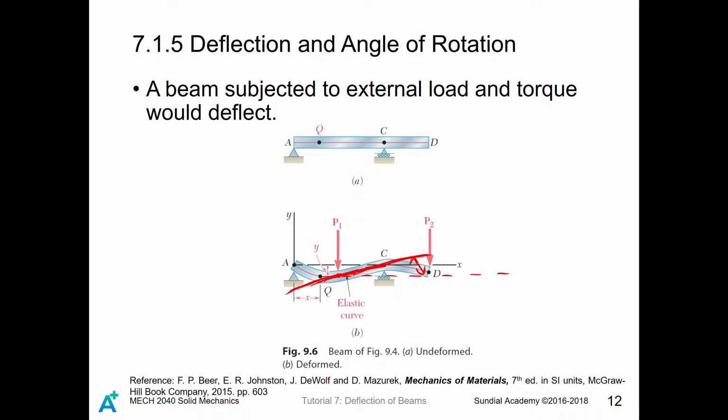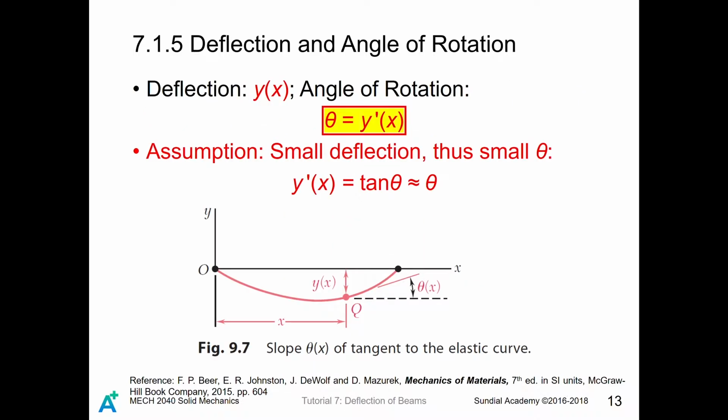So in short, the angle of rotation is just the slope of a deflected beam, and to find it could be very easy. In case you have the deflection curve, you can just differentiate it. So for the deflection, we know it is y(x), and for angle of rotation, we just take the first derivative, theta equals y prime x.